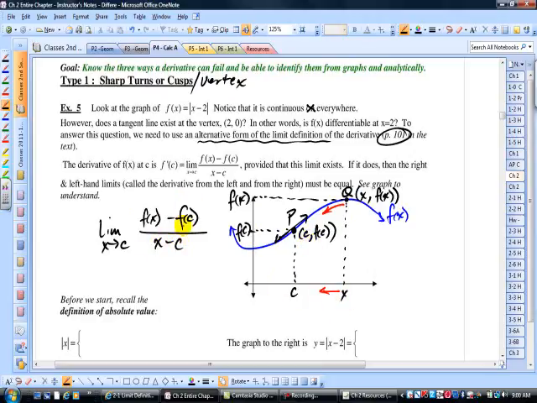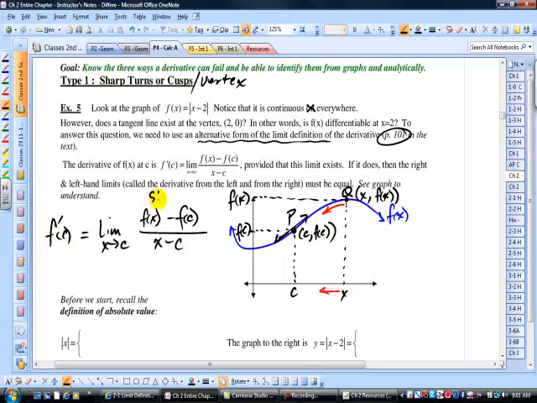So this is the slope of the secant line, and then I want to take the limit as x approaches c because I want to get Q infinitely close to P. So I can take the slope of the secant line and have it converge to the slope of the tangent line at P. And this is equal to f prime at c, which represents the derivative of the function at c.